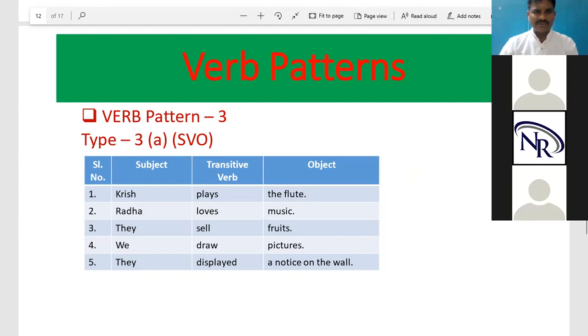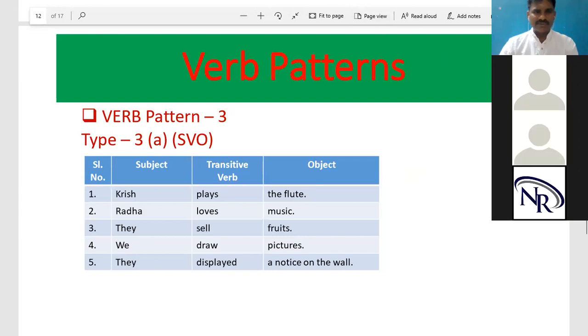Akila, say one example. Krishna, what are you doing now? Some background noise is there. No, sir, outside work.